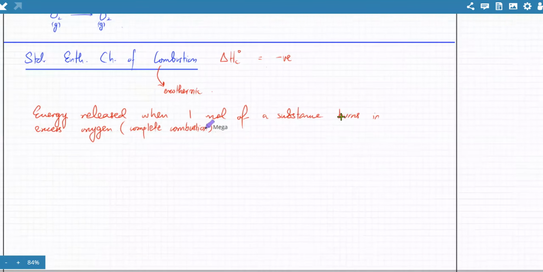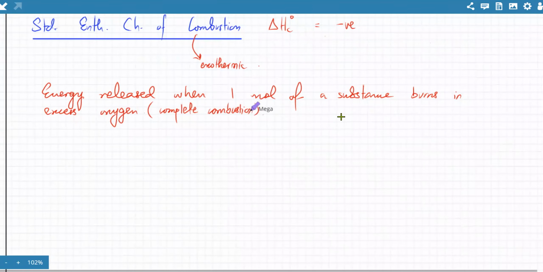Energy released when 1 mole of a substance burns in excess oxygen, measured under standard conditions. So at room temperature, you're burning something and trying to figure out how much energy is released when that happens.